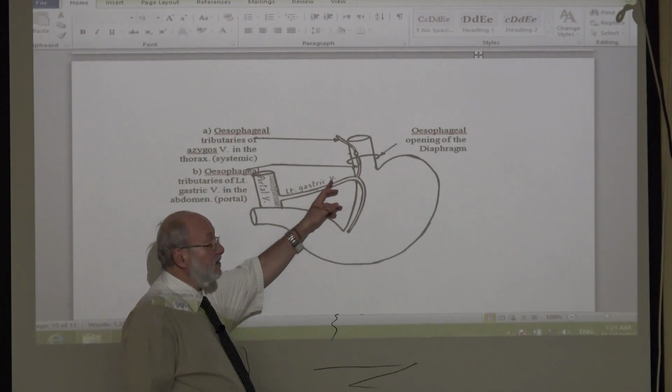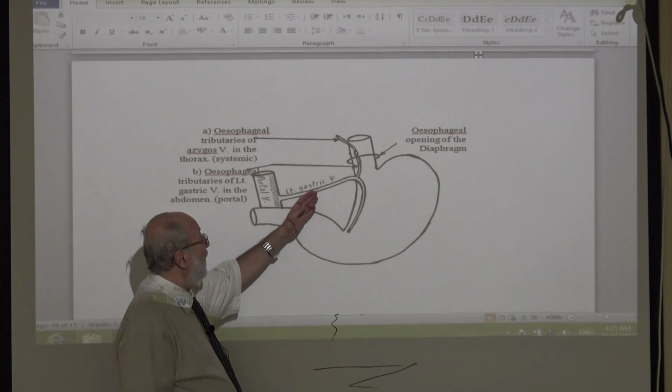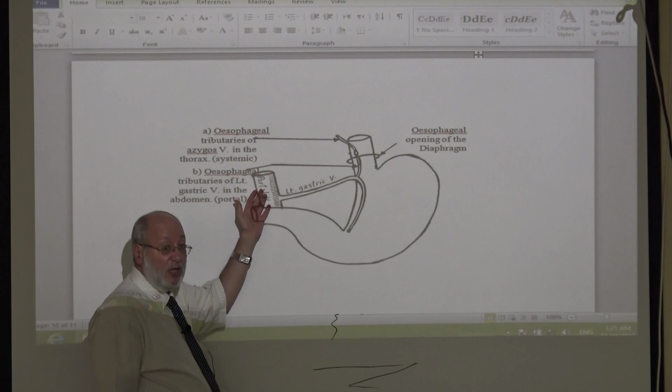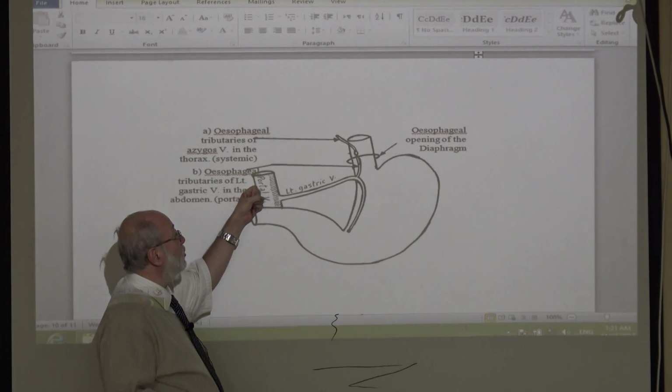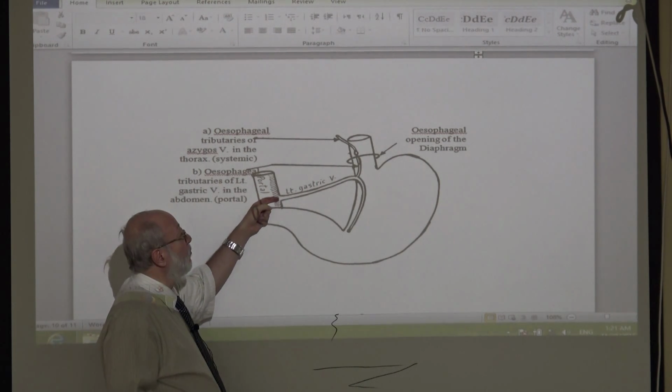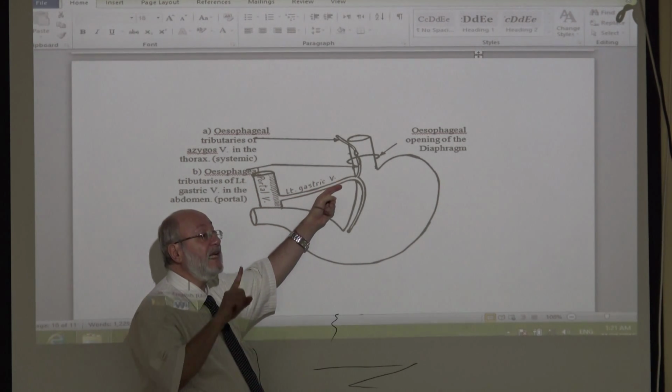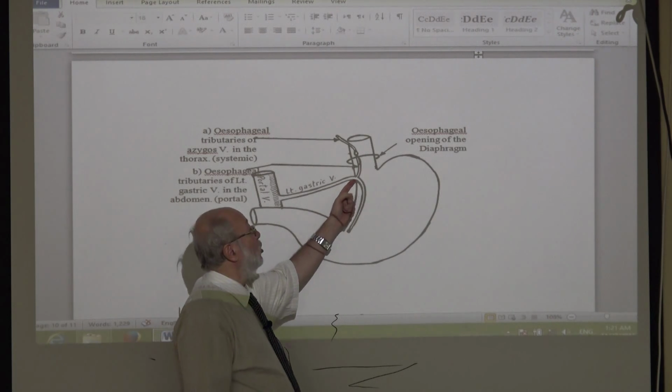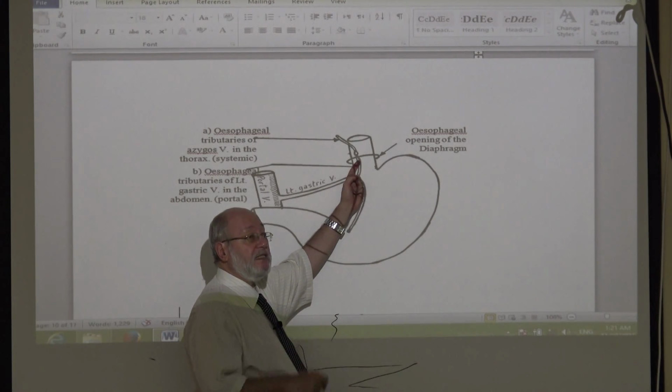The left gastric vein passes and drains into the portal vein. If portal hypertension occurs, the blood passes from the portal vein to the left gastric vein, to the esophageal veins of the left gastric.